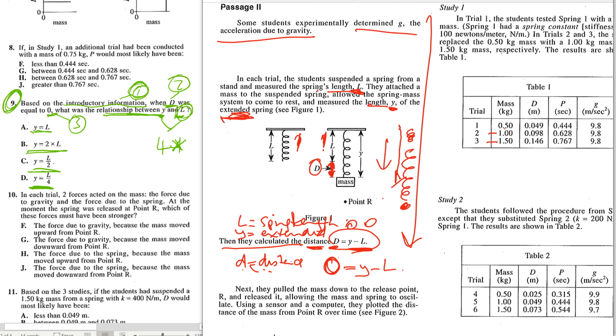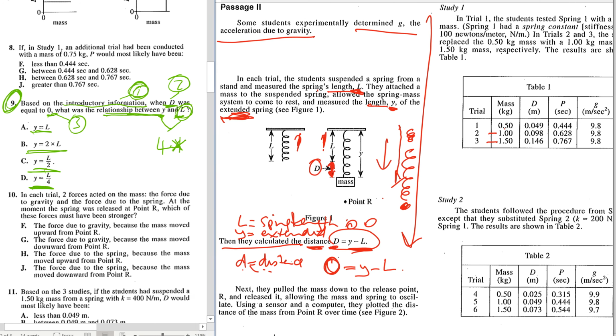So the spring has done nothing. So if everything equals 0, the only one that makes any sense is y equals L, 0 equals 0, nothing's happened. So that would be answer choice A.